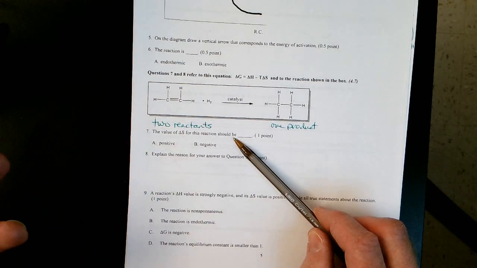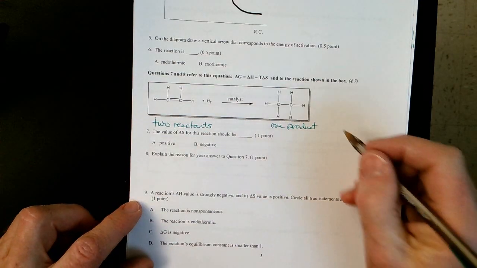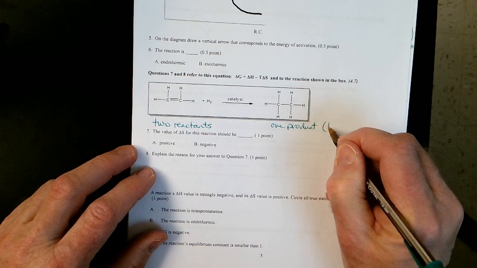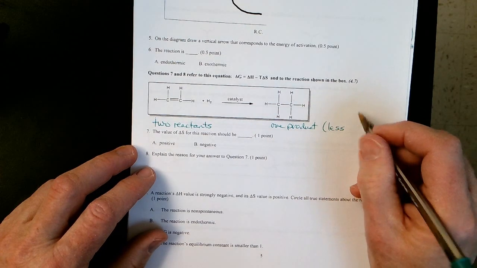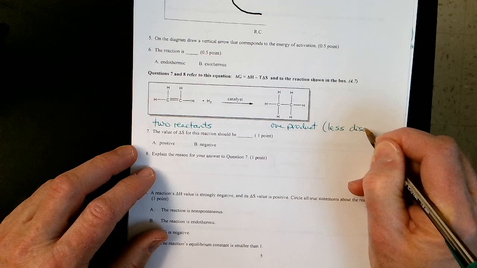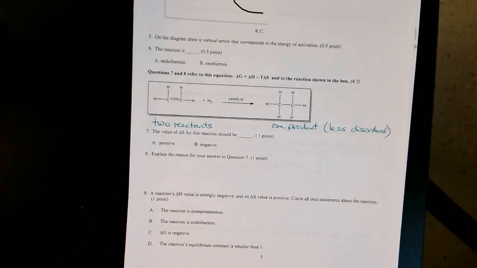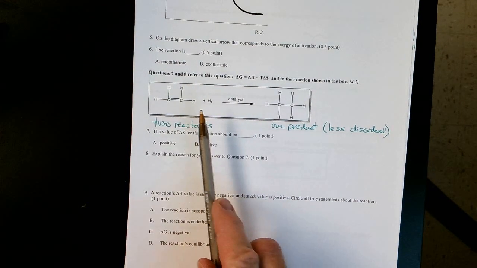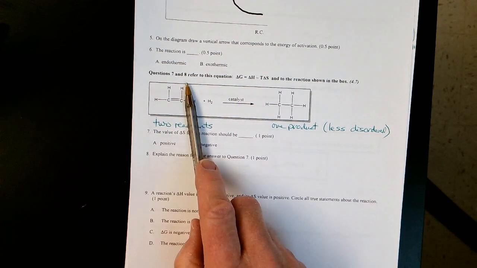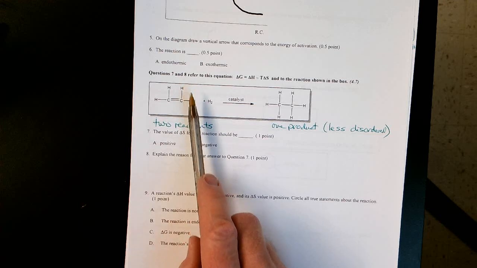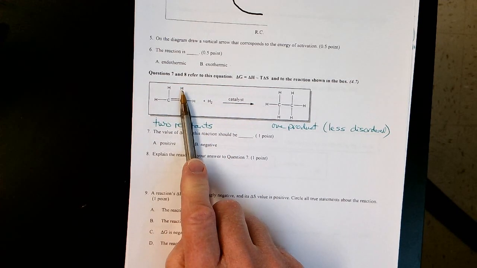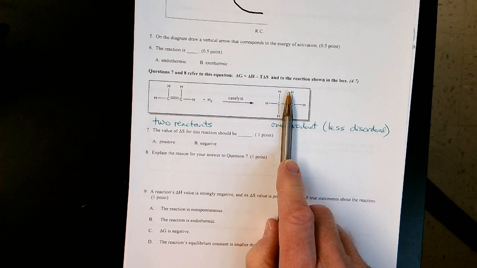And if that's all the information you have, well, the product, since there's only one of them, is less disordered than the reactants. If you started out with 100 molecules of reactants, you'd end up with only 50 molecules of product. Well, there's less stuff flying around randomly in there.